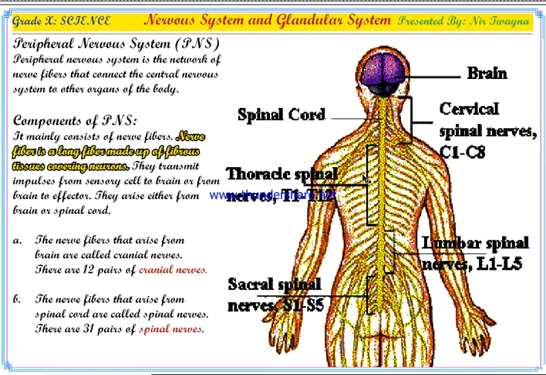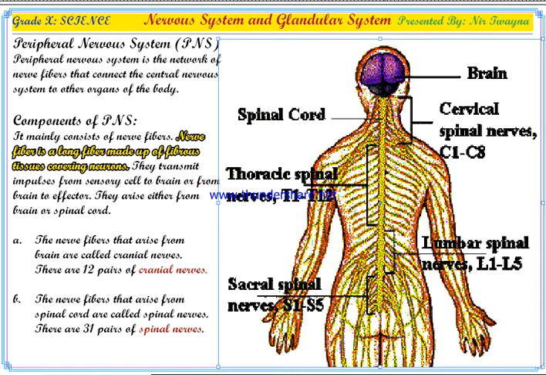Got it? Okay, you can see all those fibers, all those nerve fibers, N-E-R-V-E, nerve. All those nerve fibers that are coming out of the brain and the spinal cord are the peripheral nervous system. So this is the whole diagram of the nervous system.